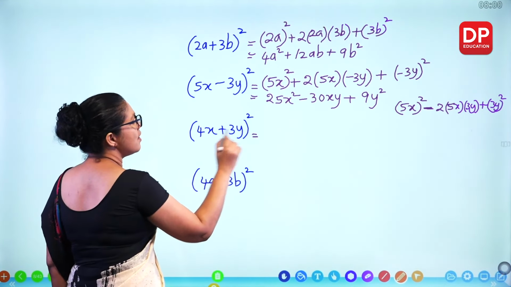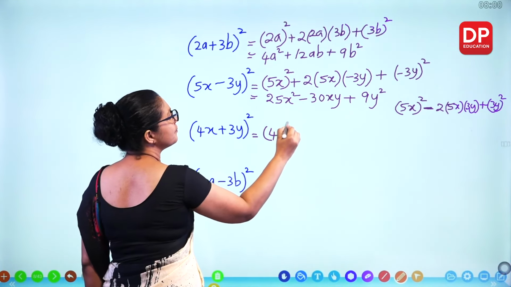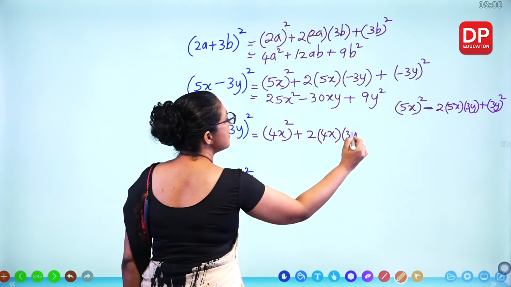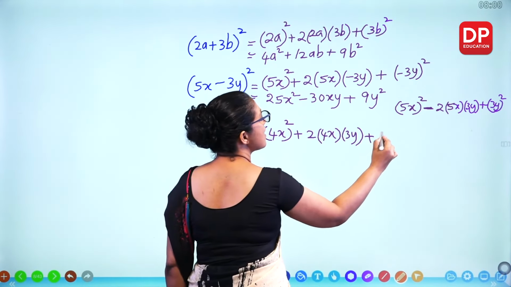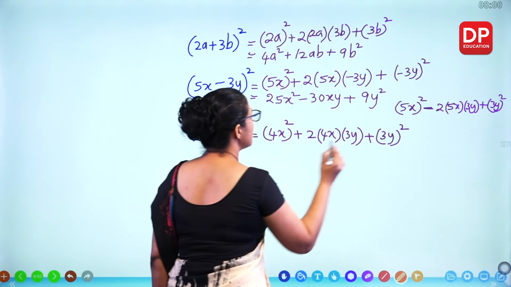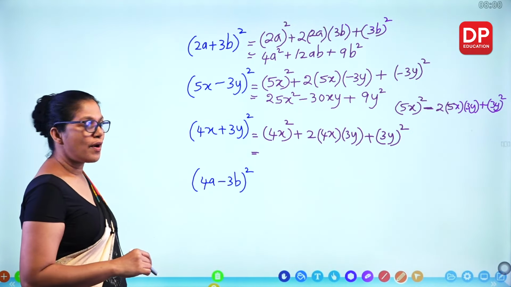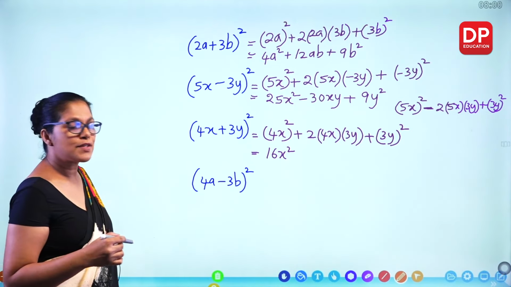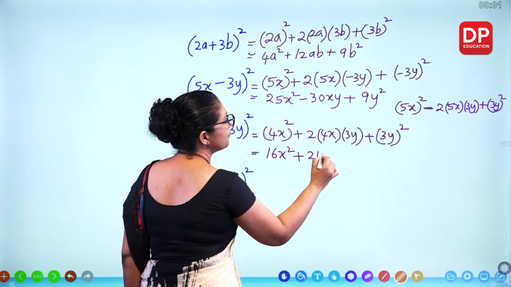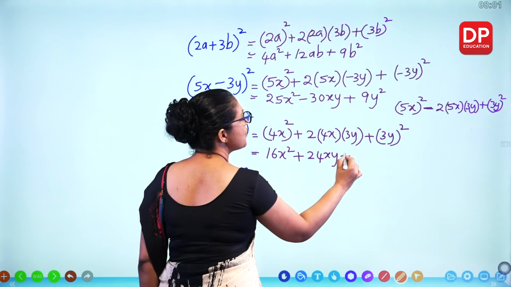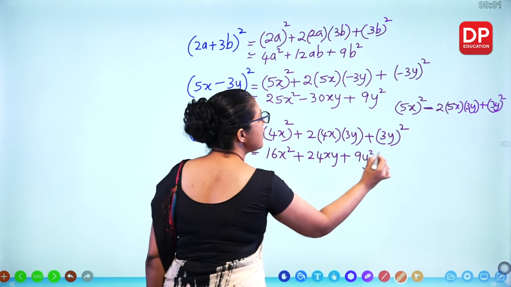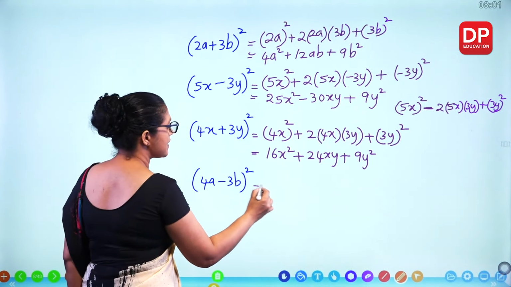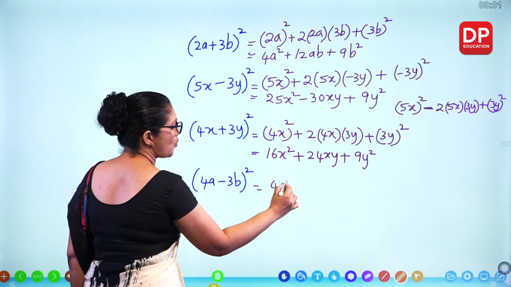This one, first term squared, double of first term and last term plus last term squared. So what you get? 4x into 4x, 16x squared. 4 times 2, 8. 8 times 3, 24xy. This one, 3y times 3y, 9y squared. What about this one? If you are not taking the sign, first term squared.